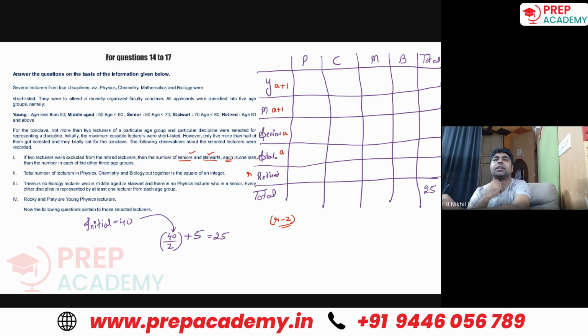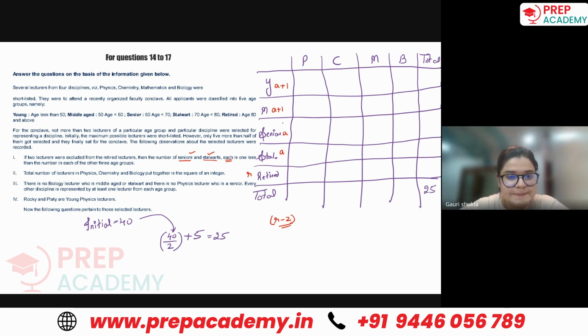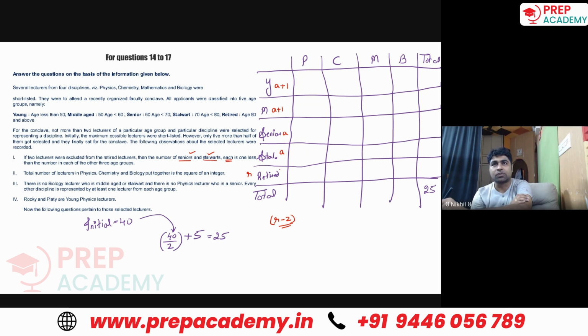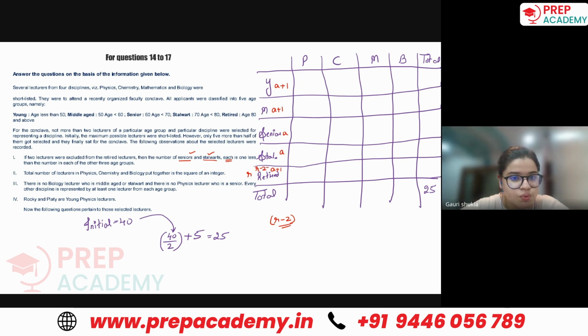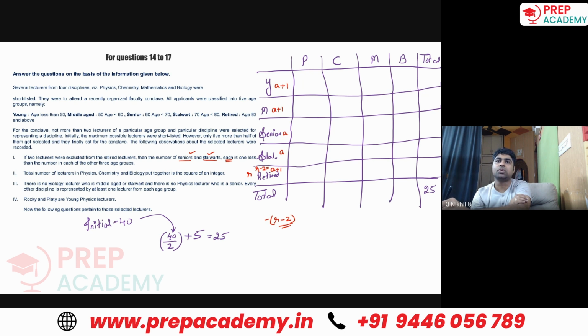So this would be A plus 1, and even this would also be A plus 1. But what would be A plus 1? R minus 2. So if R minus 2 is A plus 1, what would be R? A plus 3. Very good. So this value would be A plus 3.